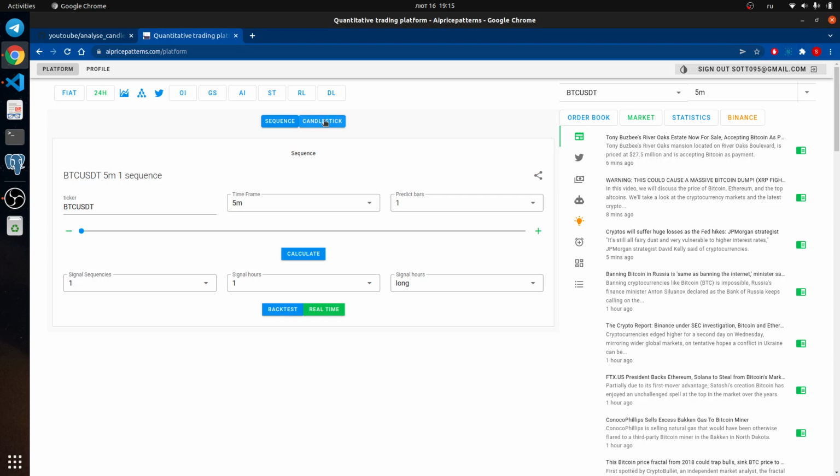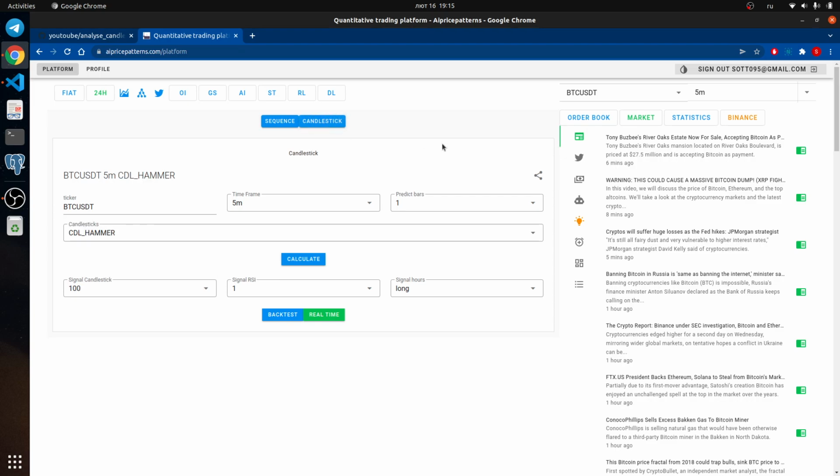For example, let's analyze data using candlestick patterns for 1 hour, and I would like to predict what happens with price after the next bar. If you want to analyze what happens with price after 2 bars, you could select this option.